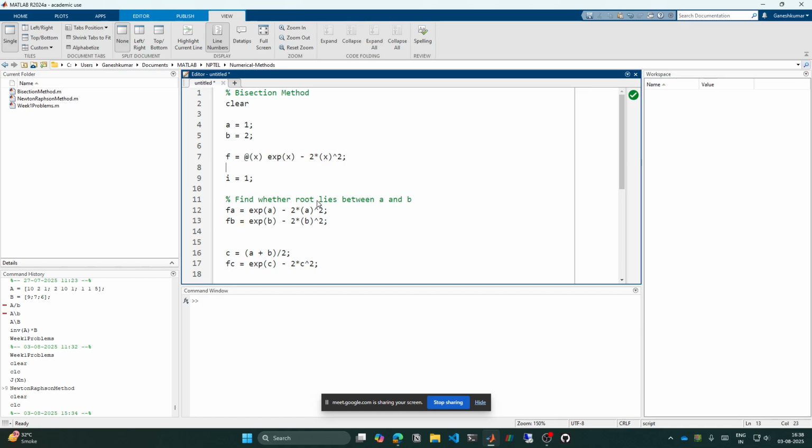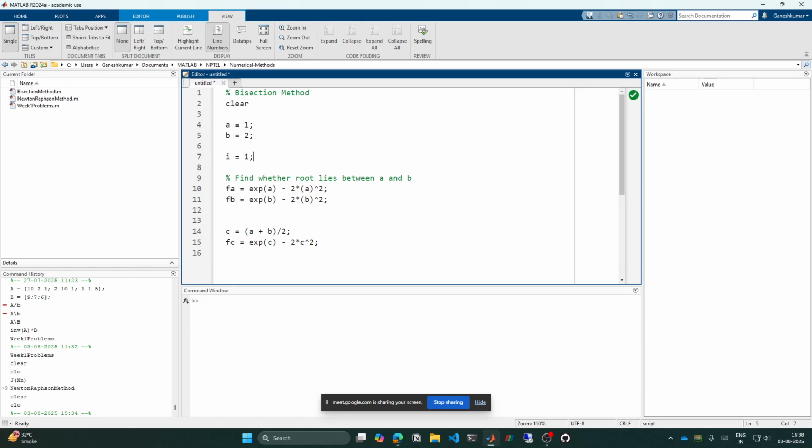For now let me remove this, it's a little bit advanced concept. First we will find fa and fb, and check whether fa times fb is less than 0. If it is less than 0, then what do you do?